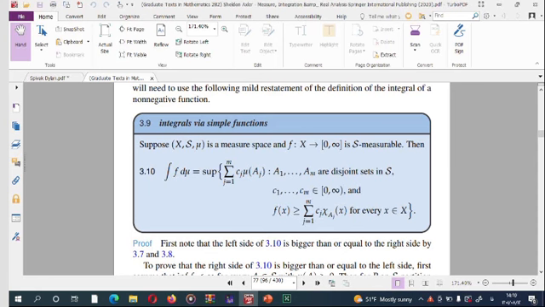So for each epsilon there exists one of these summations such that the difference between this and this is less than epsilon, okay? And this simple function is less than f. And also the coefficients of this simple function are non-zero, okay? This is a direct consequence of this proposition.